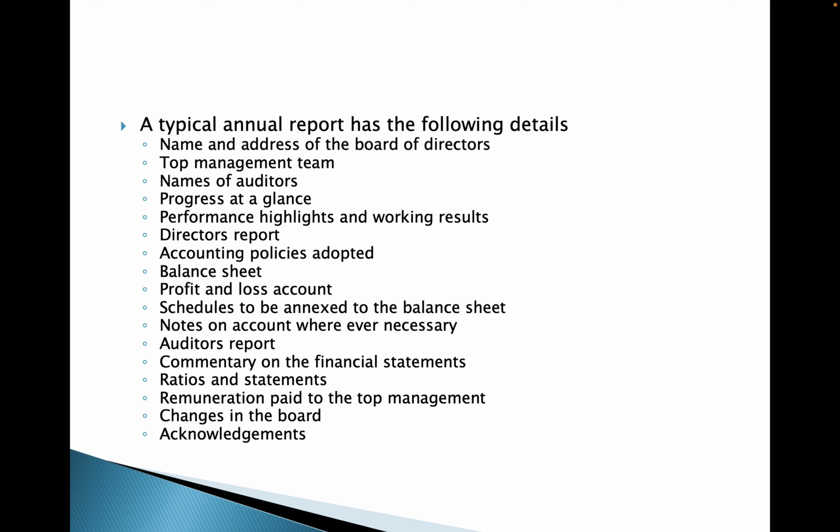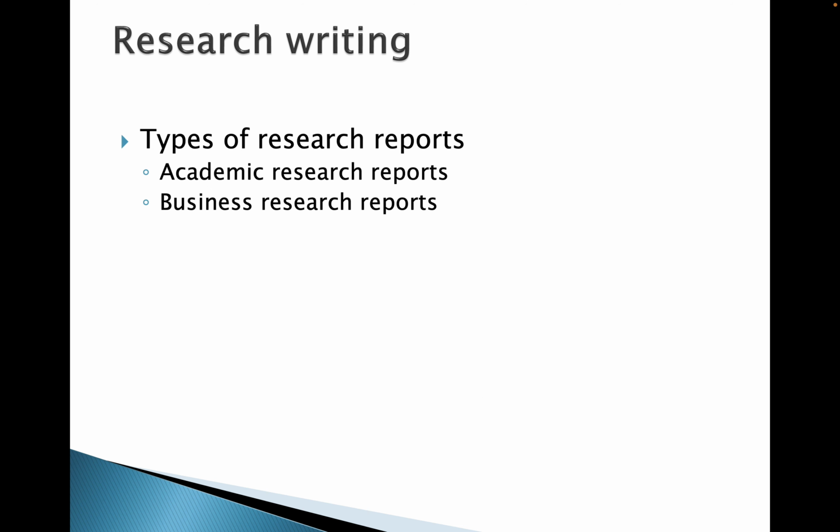Observe that since it's an annual report, this is going to be a very long, comprehensive document, which means that it will contain much more information, right? So here again are the type of information that you're going to find in that type of report, okay?